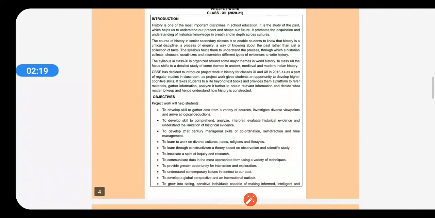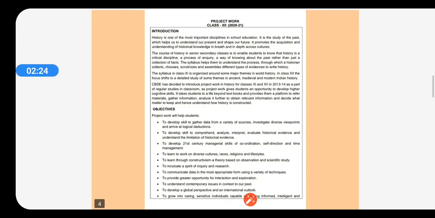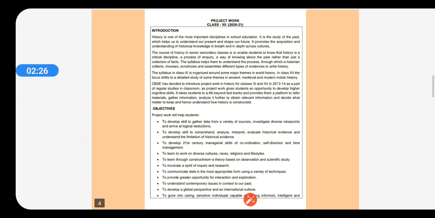It promotes the acquisition and understanding of historical knowledge in breadth and in depth across culture. So you will be given definite topics for your project work. You have to choose any one topic for your class 12, and with the help of your teacher you can achieve the objectives of project work.